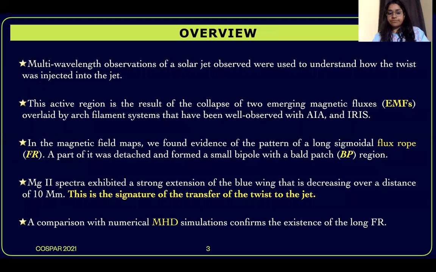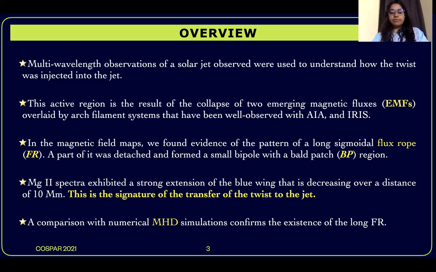For our case study, we did a multi-wavelength observational analysis of the solar jet with the Solar Dynamics Observatory and the Interface Region Imaging Spectrograph, IRIS, observations. This active region is the result of a collision between two emerging magnetic flux regions overlaid with arch filament systems, well observed by AIA and IRIS.